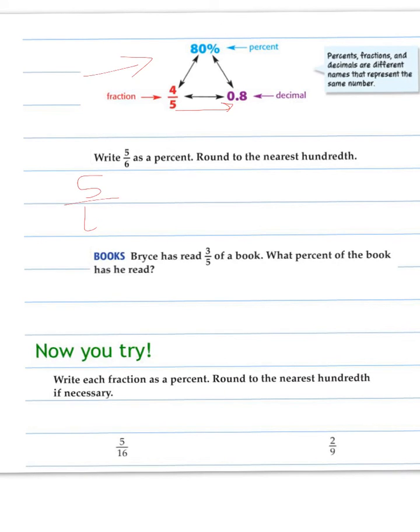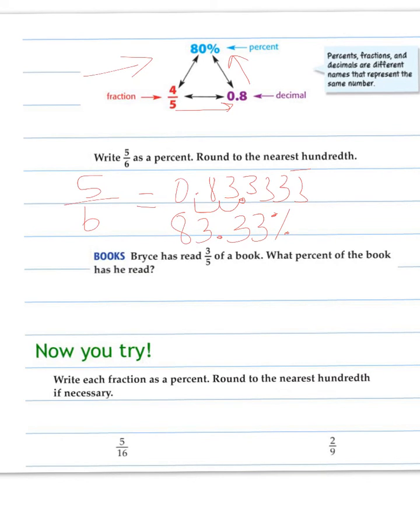So 5/6 as a decimal, if I take my numerator divided by my denominator, I get 0.8333 repeating, which we'll write like that. Then to go from a decimal to a percent, we know that we move the decimal 2 spots to the right. Now we round this to the nearest hundredth, so 83.33%.